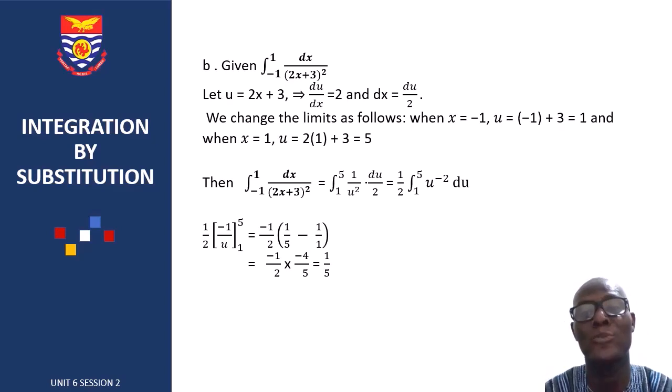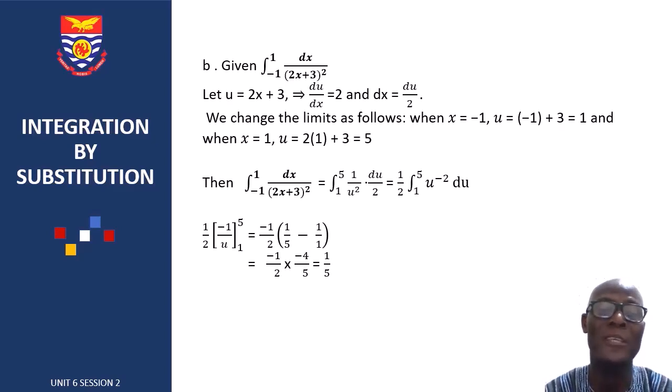Changing limit from x to u, when x is -1, and putting -1 into 2x + 3, we have u to be 1. And when x is 1, we have u to be 5.